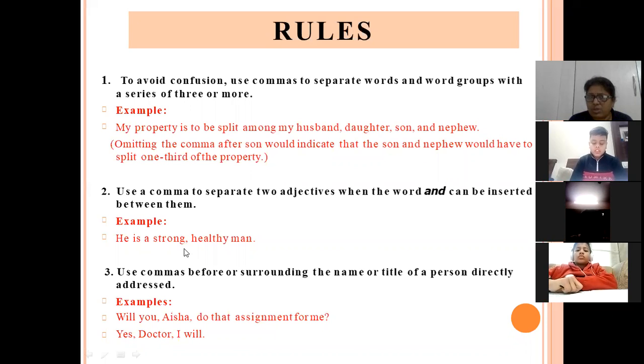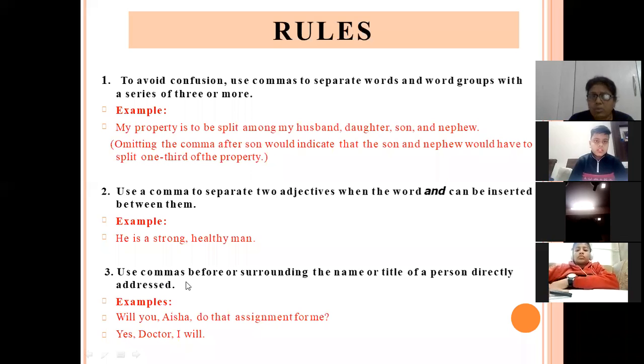In BFG also we have studied this now. Write the correct order of adjectives. So here when two adjectives are given and there is no and in the sentence, it is not joined by conjunction, then also you can insert a comma. He is a strong, healthy man. And you can also write he is a strong and healthy man. Both are correct.